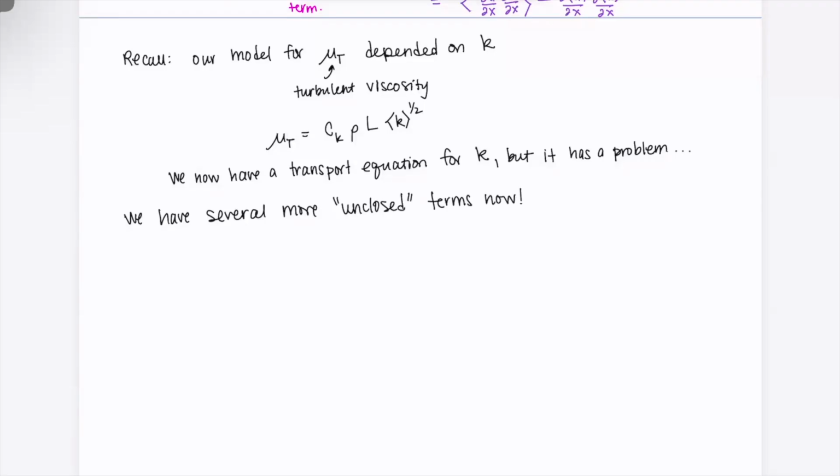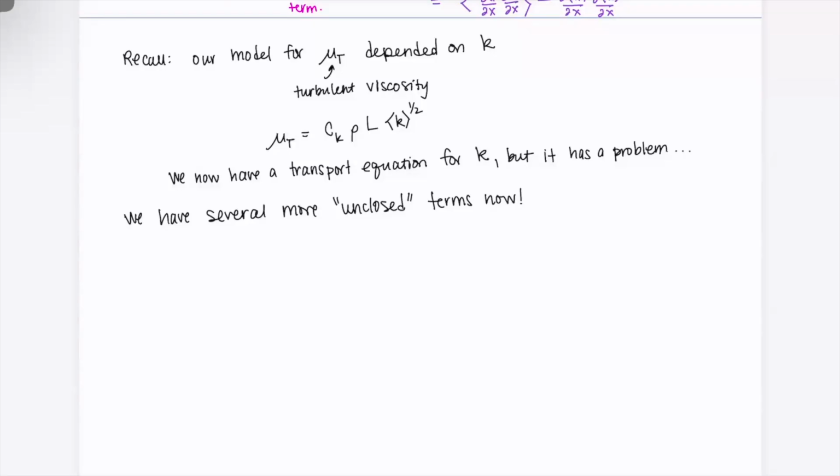A lot of turbulence modeling is kind of like a game of whack-a-mole. Every time you develop a transport equation for the next turbulent quantity, you will proliferate more terms that you need models for. And this is just the nature of the Reynolds decomposition and expansion that we do.